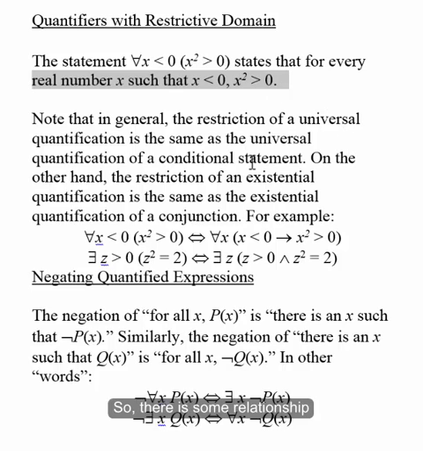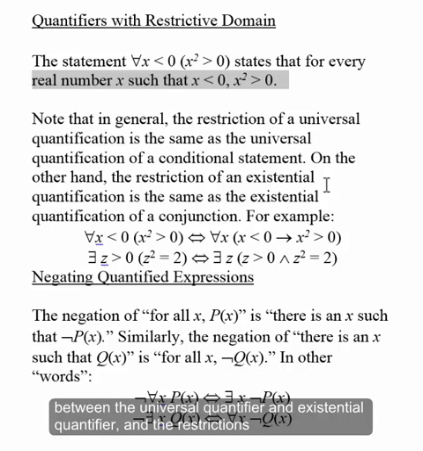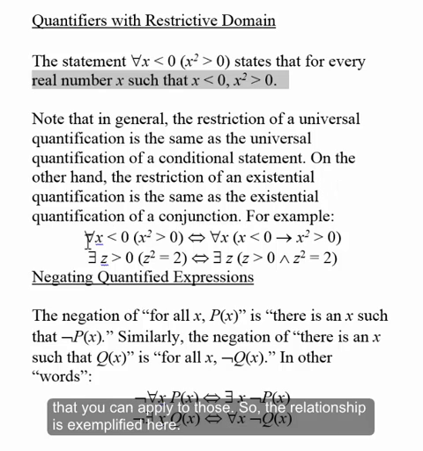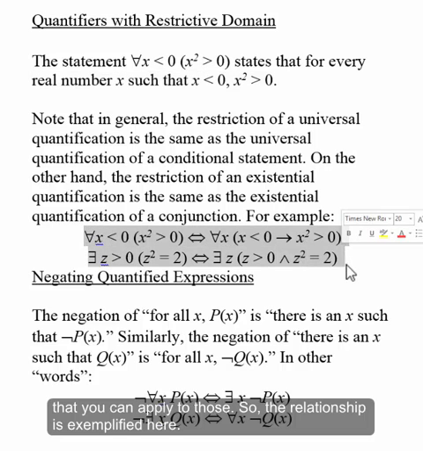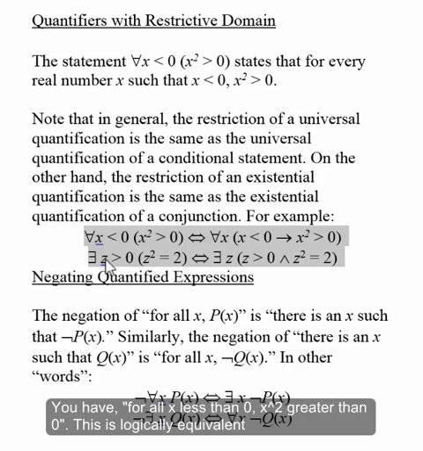There is a relationship between the universal quantifier and the existential quantifier, and the restrictions that you can apply to those. The relationship is exemplified here. You have for all x less than 0, x squared greater than 0.